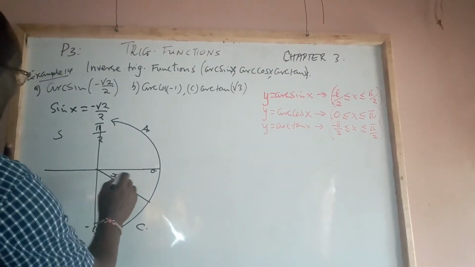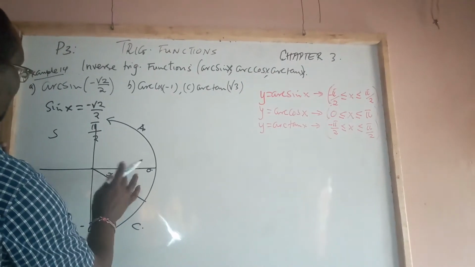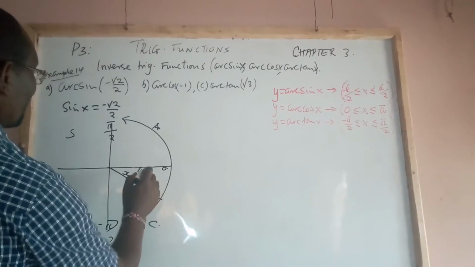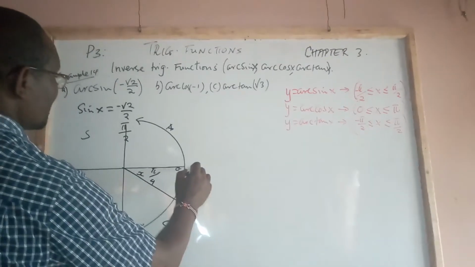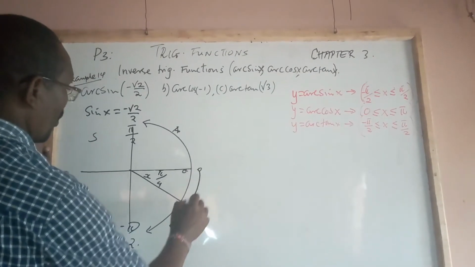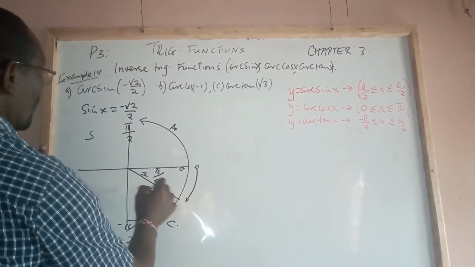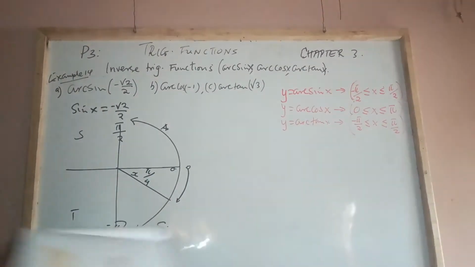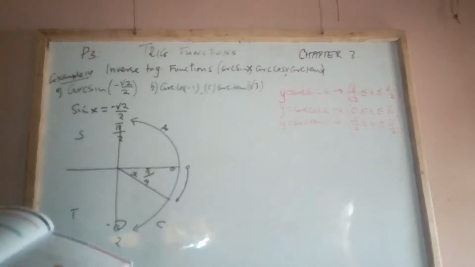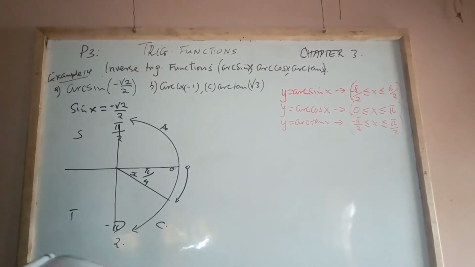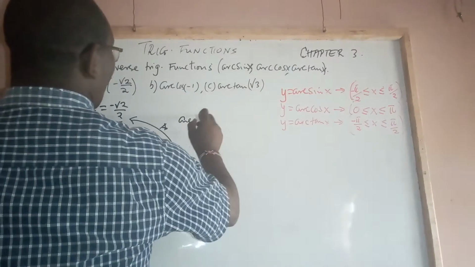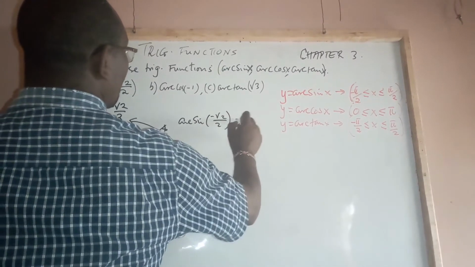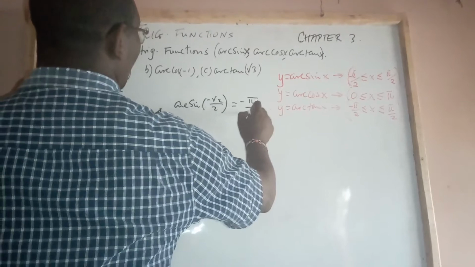So you can already see that this is pi over 4, and the fact that it is from 0 in the clockwise direction gives us the value of negative pi over 4. So what are we saying? That arc sine of minus root 2 over 2 is actually minus pi over 4.